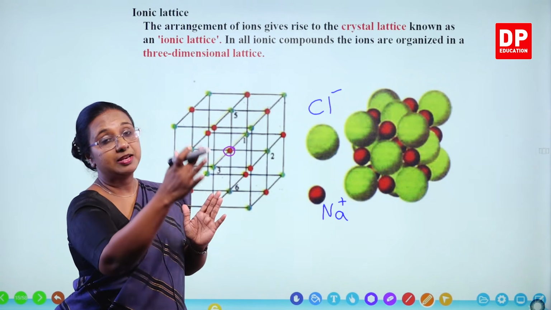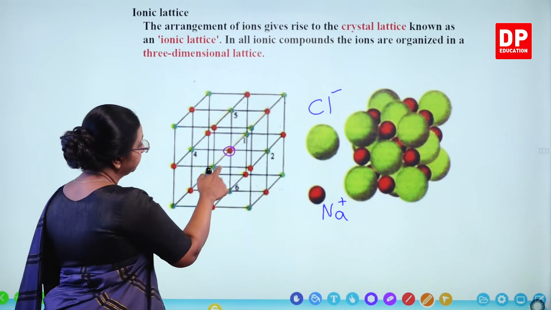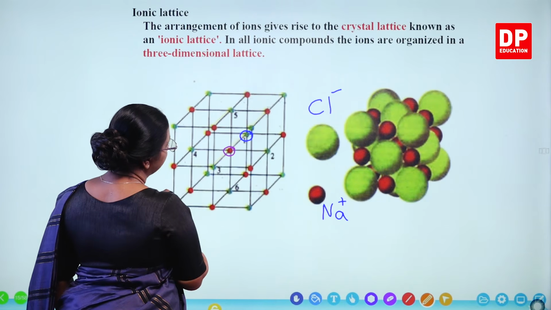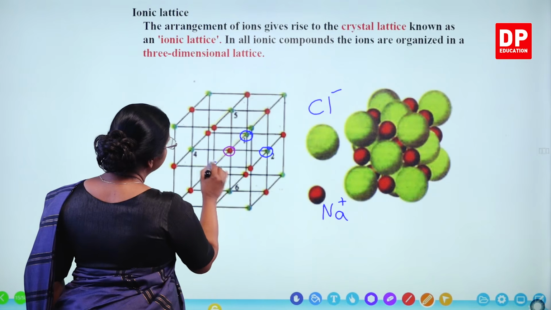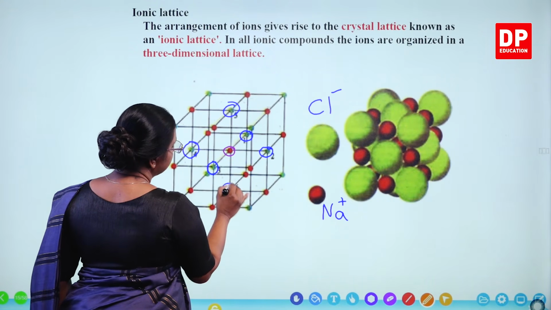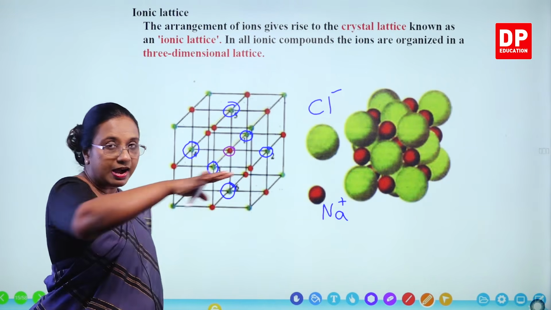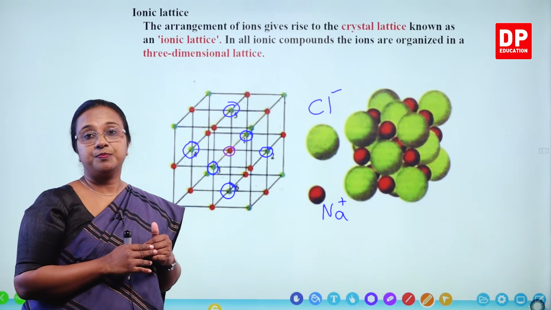Because of that, there will be an ion in front and an ion at the back. So here around this sodium, you can see there is one chlorine here, the second one here, the third one here, fourth one here, fifth one here and sixth one here. So all 4 in one plane and one on top, one below.